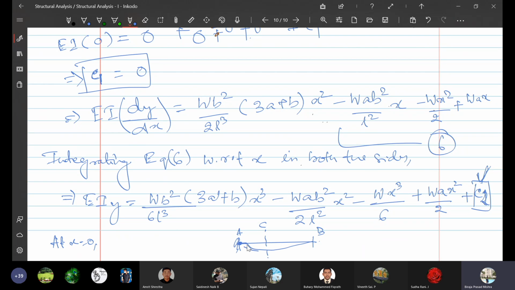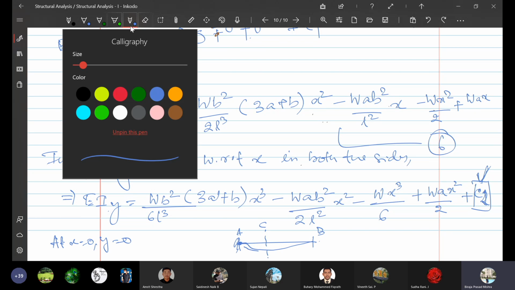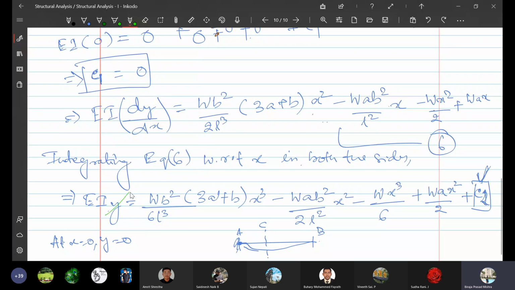So at x equals 0, y equals 0. So this one will be 0, and since x is 0 here, here also it becomes 0 and here also it becomes 0.